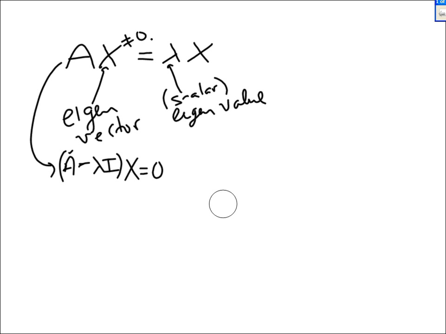X equals 0 is the trivial solution. We want other answers. Well, a homogeneous system of equations has non-trivial solutions if and only if the determinant of the matrix is 0.